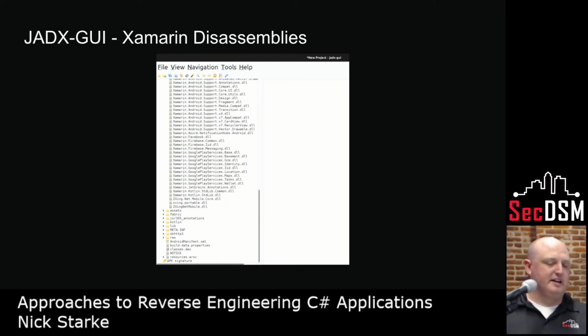So you get a view of what assemblies are in the APK, and then you can use JetX GUI to extract those assemblies from the APK themselves. So you may be able to do this with unzip even. I think APK files are just zip files. But if you're looking for a nice GUI to do it for you, or you're trying to extract a decompiled version of the native Android app, I use JetX GUI. It works great.